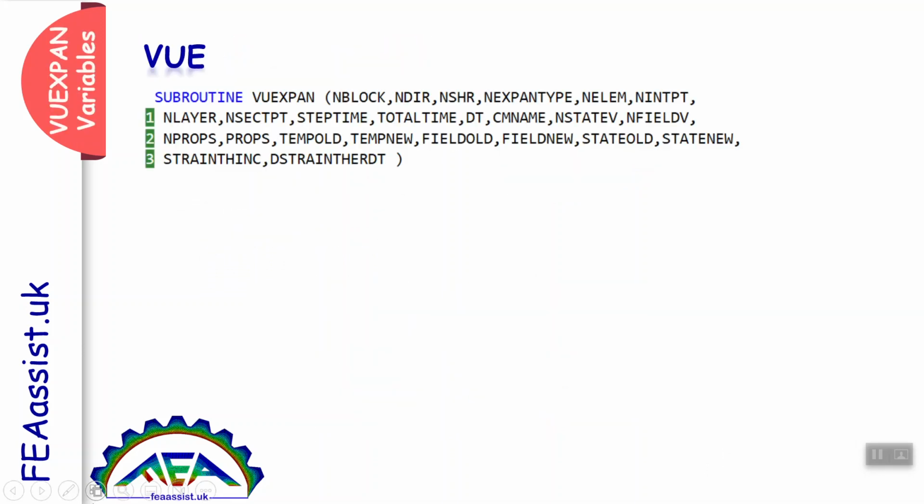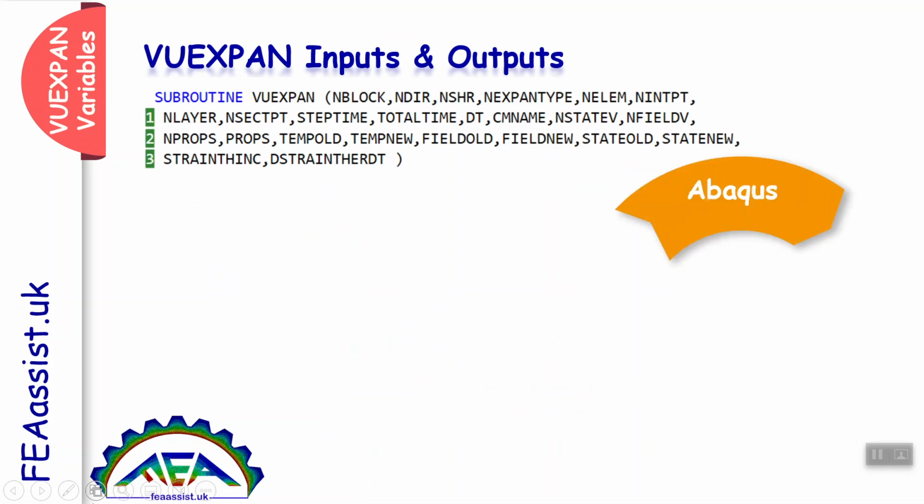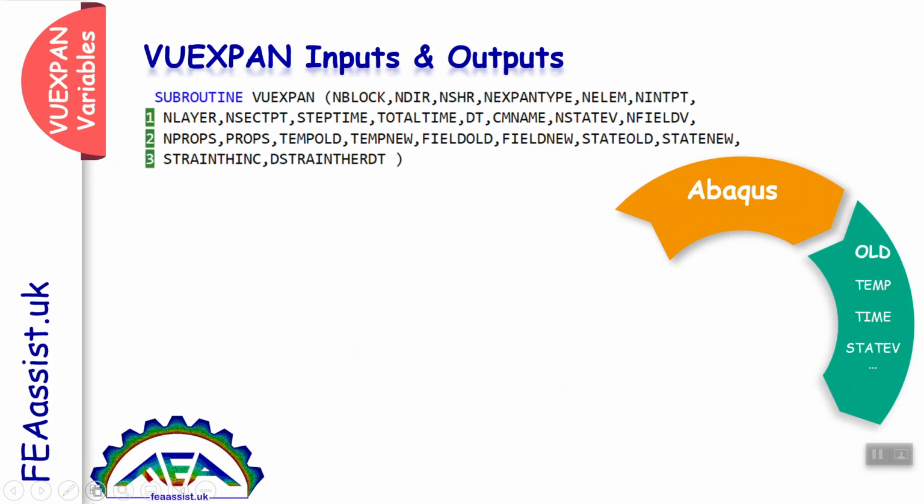VUEXPAND variables. VUEXPAND inputs and outputs. VUEXPAND has some inputs. We need to get those inputs, process them, and export new variables as outputs into Abaqus. In other words, Abaqus computes the temperature, time, and state variables, and transfers these variables as inputs into the VUEXPAND subroutine.